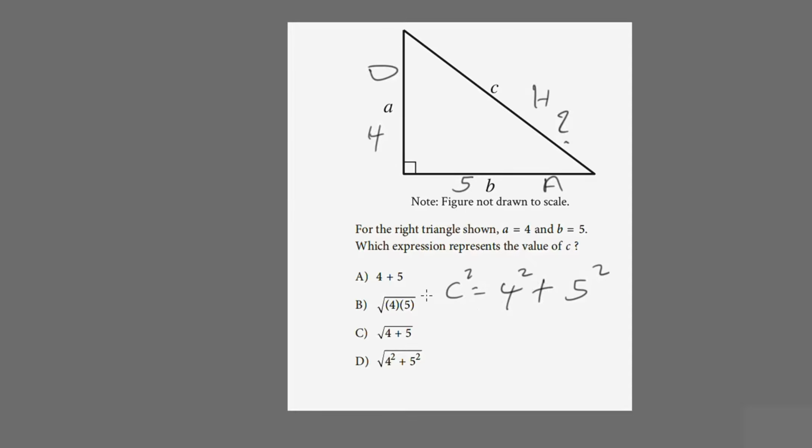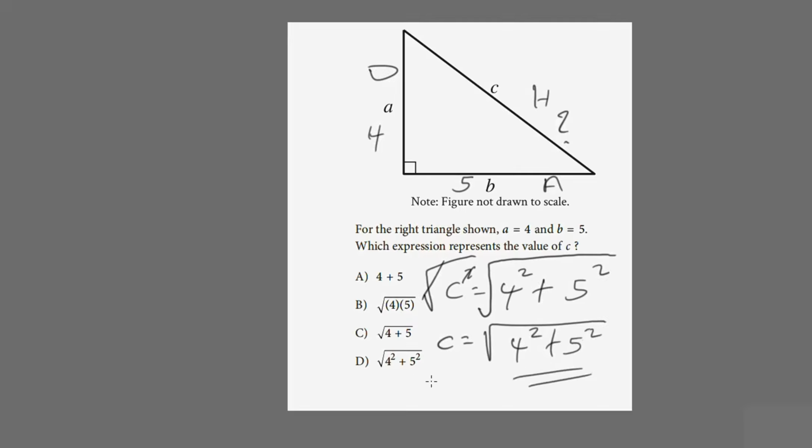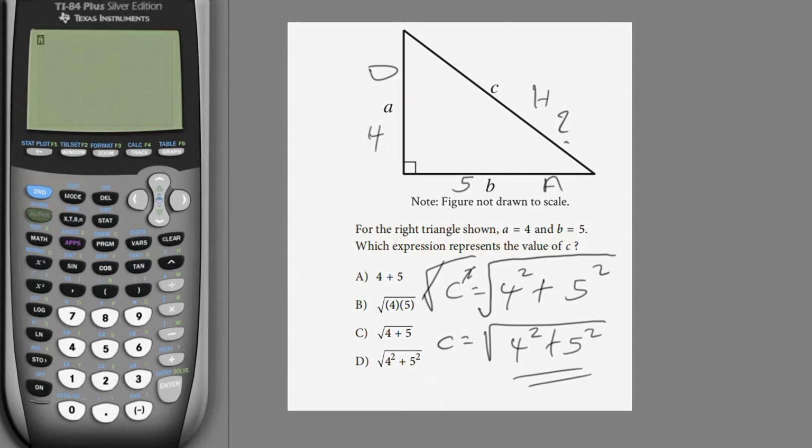To make c the subject of the formula, you square root both sides. So our c will be the square root of 4 squared plus 5 squared. So the right answer is option D. We don't need a calculator to punch anything. Okay, so that's it for this question.